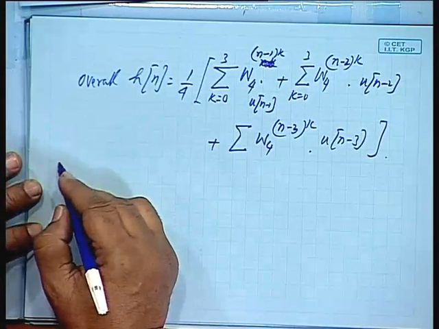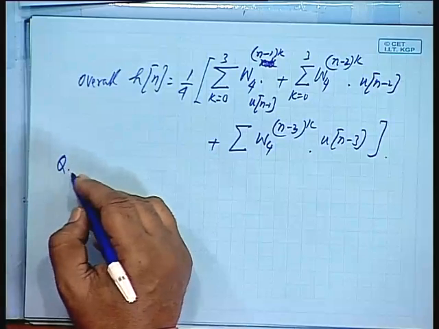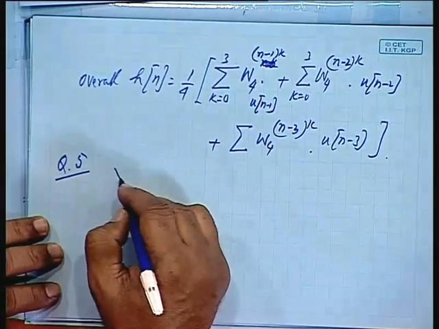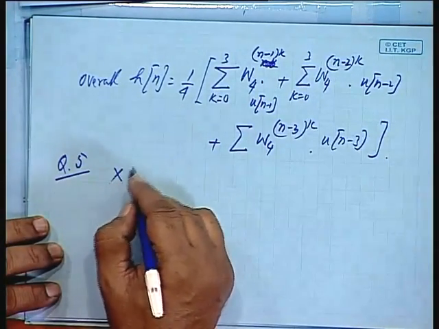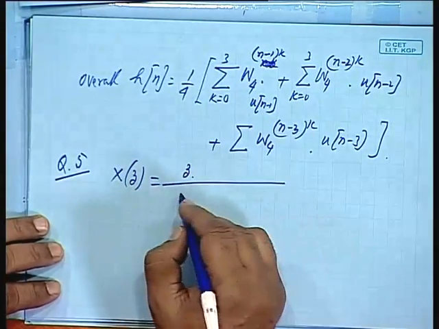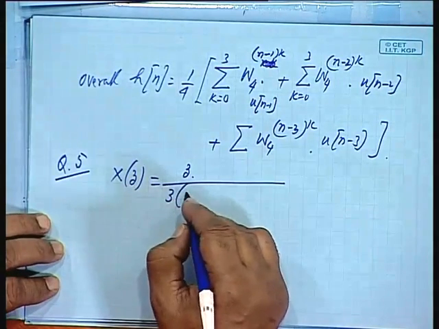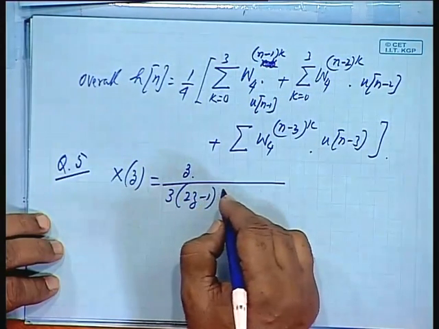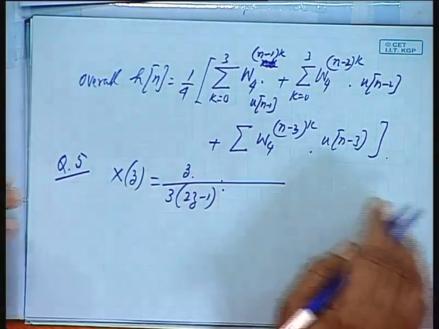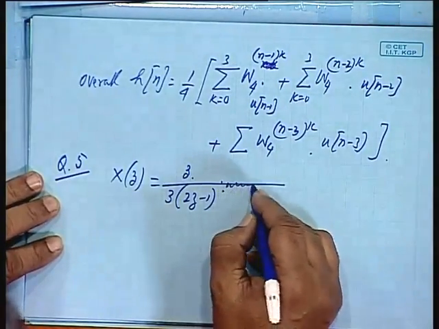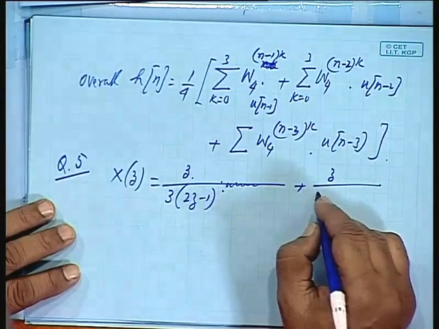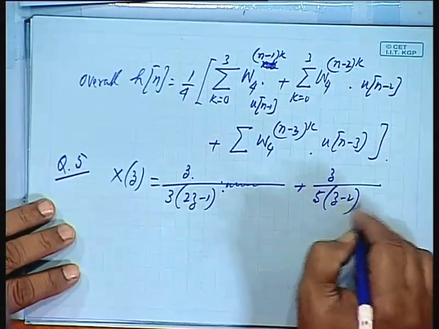Next question, question number 5 is: determine the value of x0 given X of z equal to z by 3 into 2z minus 1, okay, z by 3 into 2z minus 1 plus z by 5 into z minus 2.